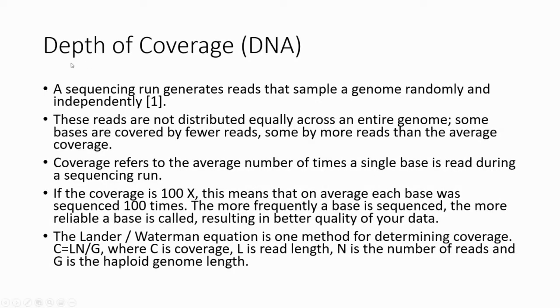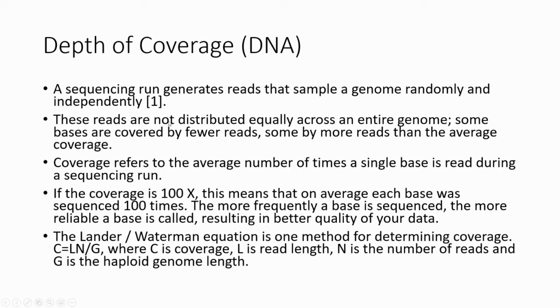And so you need to have a depth of coverage. If coverage is 100 times, that means each base was sequenced 100 times. The more frequently a base is sequenced, the more reliable the base call is. All right, so that's called depth of coverage.